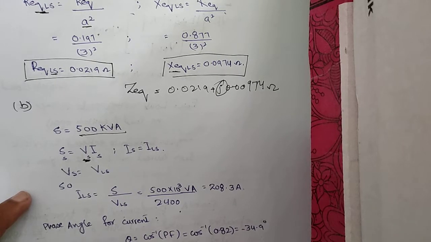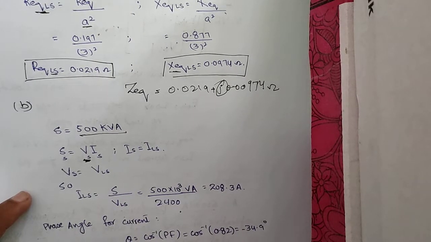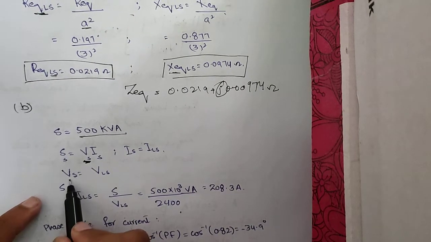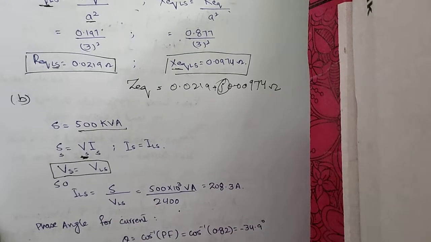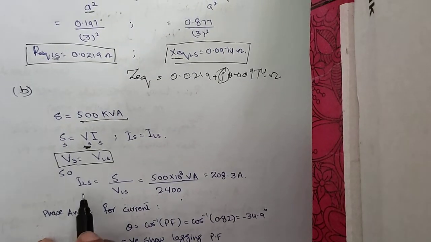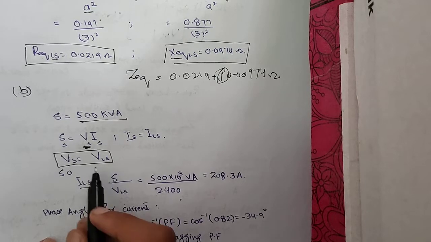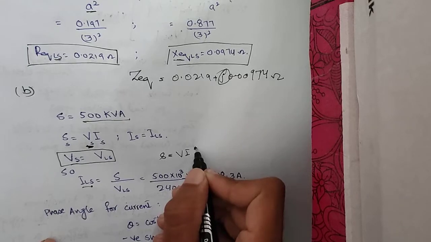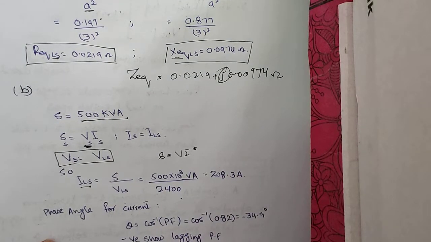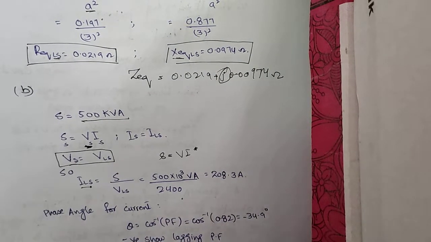In this case, for no load voltages, we can say that Vs is equal to VLS because there is no load. So I can calculate ILS, which is given by S is equal to V into I conjugate. This formula is used for calculating current.